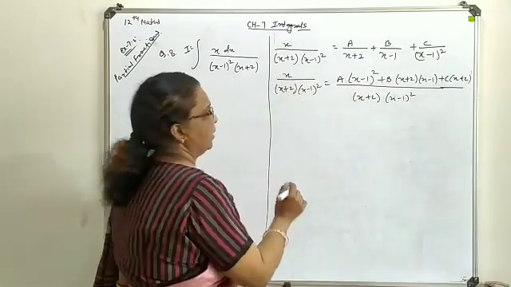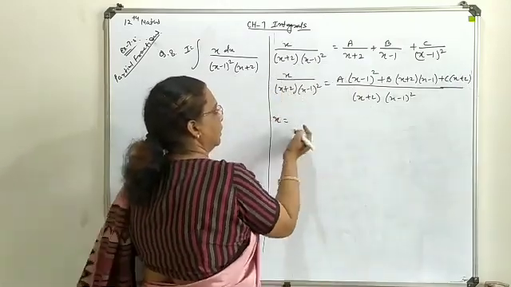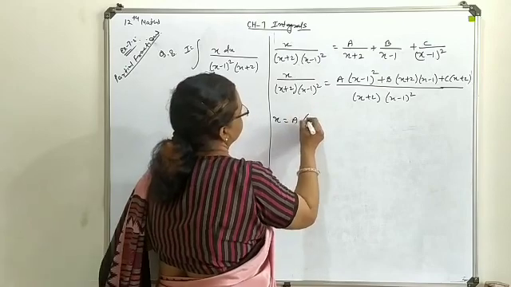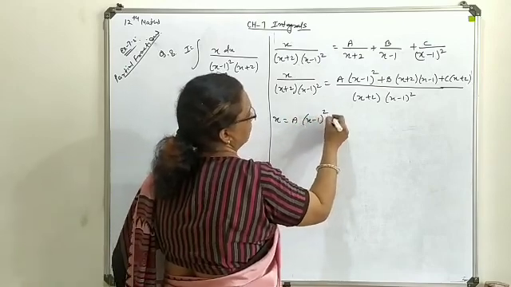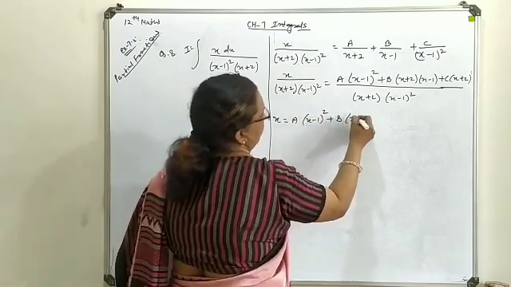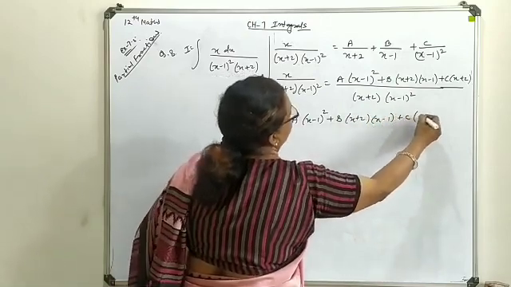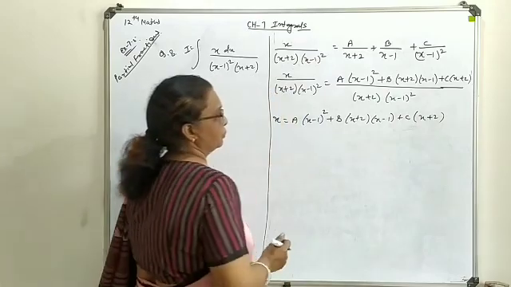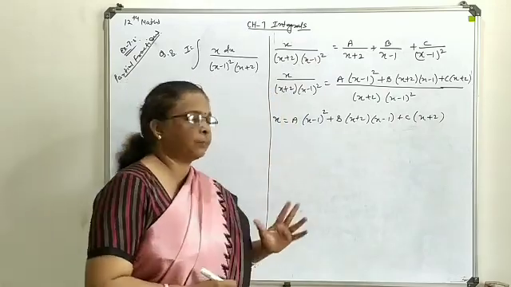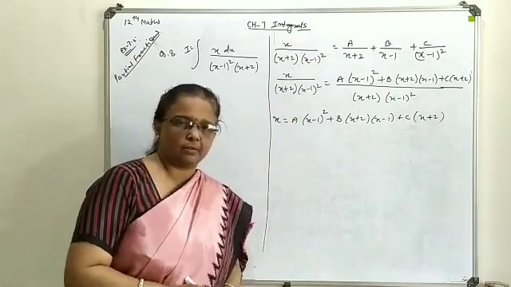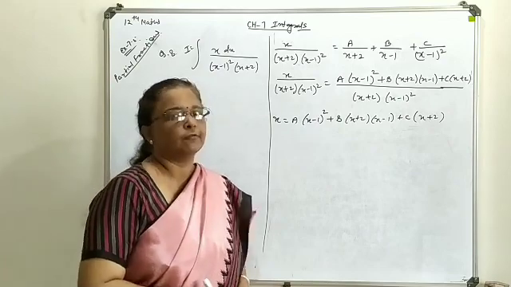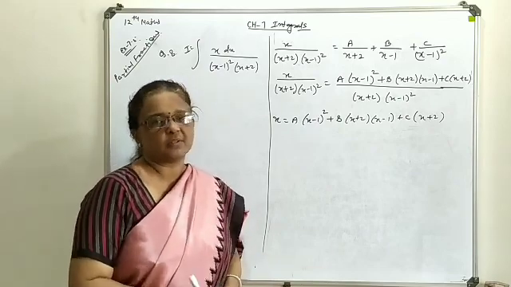These two are cancelling. Comparing the numerator, this is A x minus 1 whole square, B x plus 2 x minus 1, and C x plus 2. Now here, for two separate brackets we will use substitution for evaluation, and for the third one you will go for equating the respective coefficients.